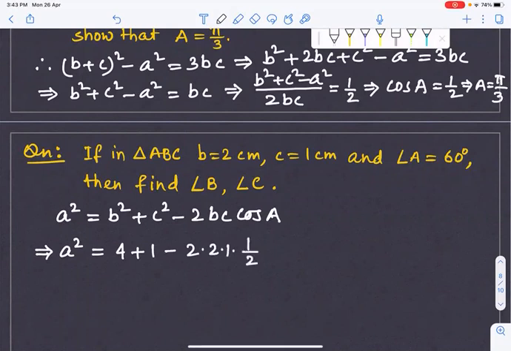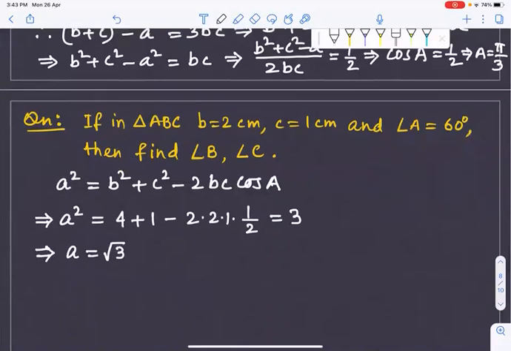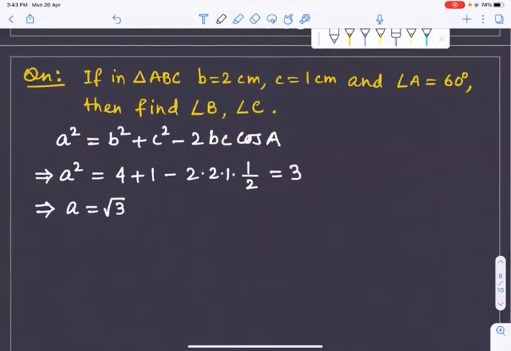So what are we getting here? The value of a² is 3. That implies the side length a is root 3. Right? So we have got that by the cosine rule.